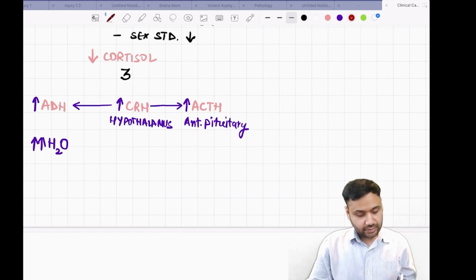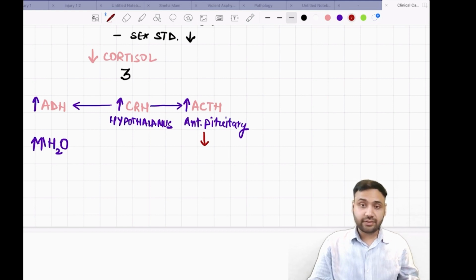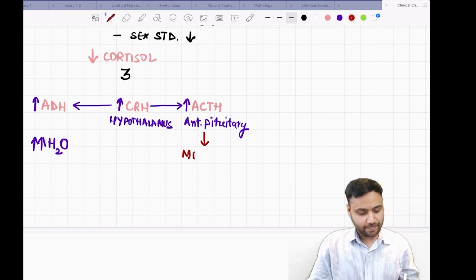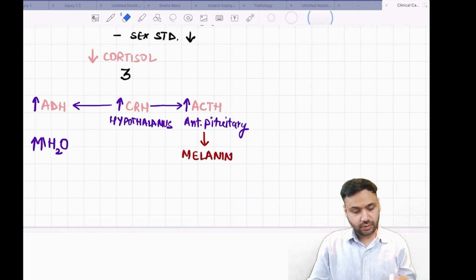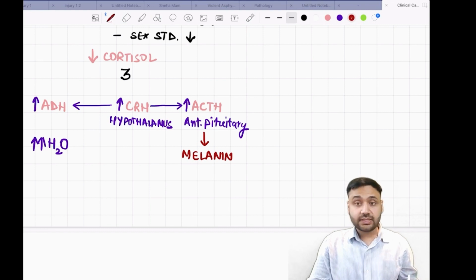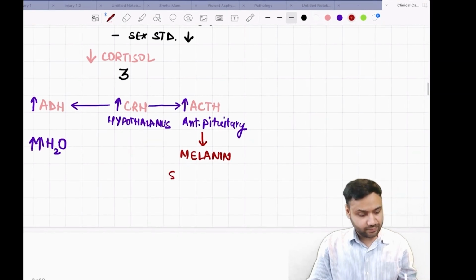ACTH stimulates the melanocytes to increase melanin, which would cause skin hyperpigmentation.